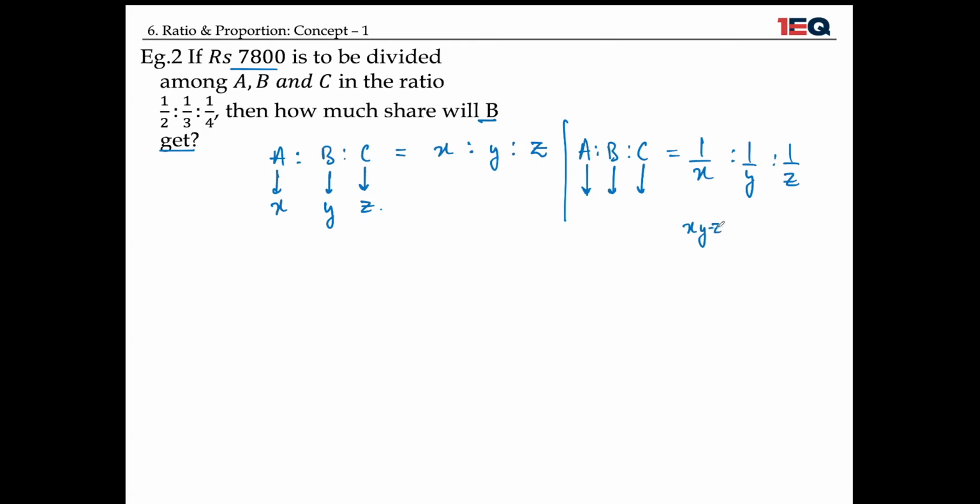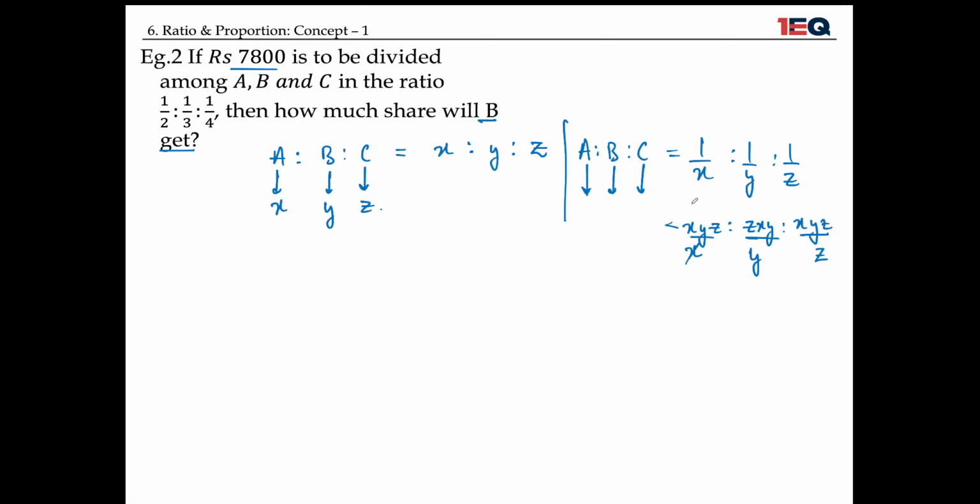I would multiply them with the ratios available. xyz multiplied by 1 upon x, xyz multiplied by 1 upon y, xyz multiplied by 1 upon z. Then I have divided it by x, and then divided it by y, and divided it by z. Or to be more simple, I have multiplied it by 1 by x, and multiplied this by 1 by y, and multiplied this by 1 by z.